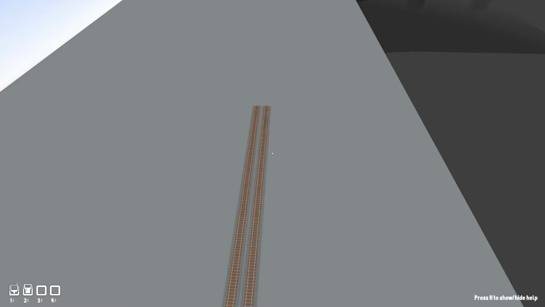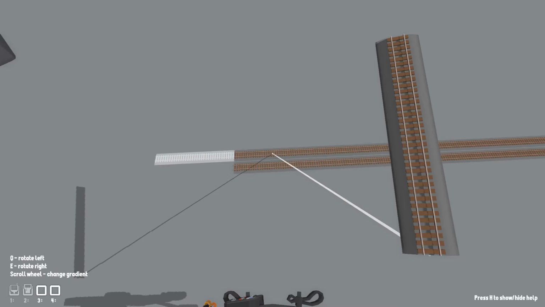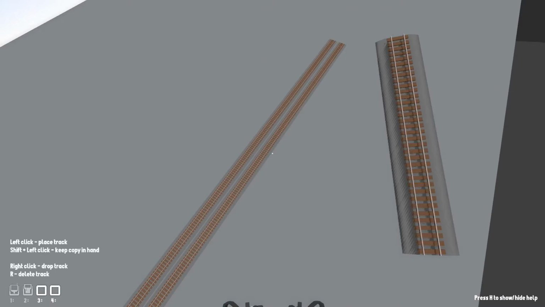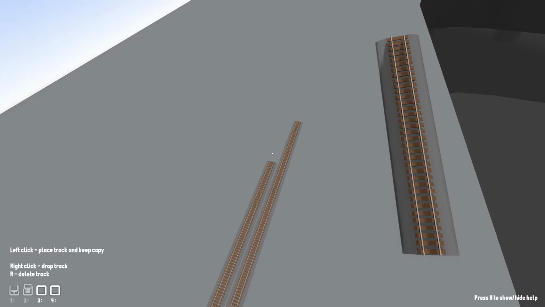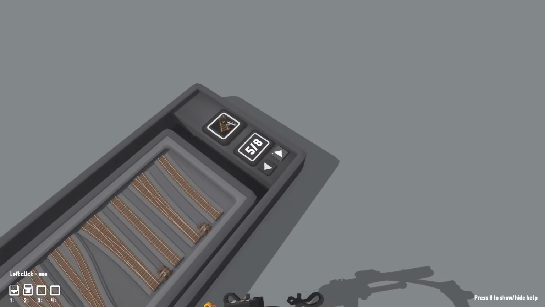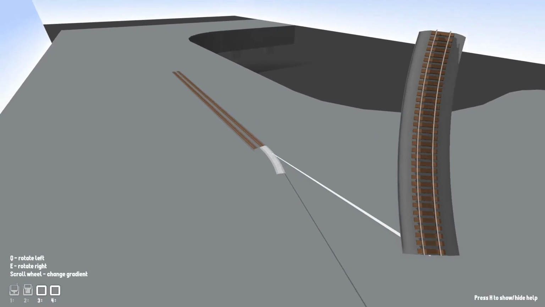There we go. Now I'm showcasing all the engines I have. Voila. Set up a viewing area here. And we'll unfreeze time.